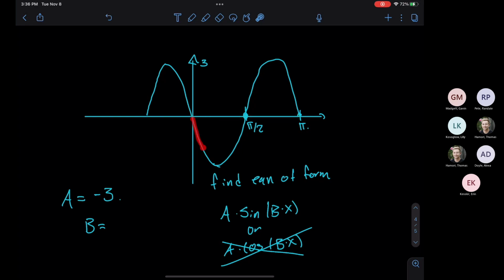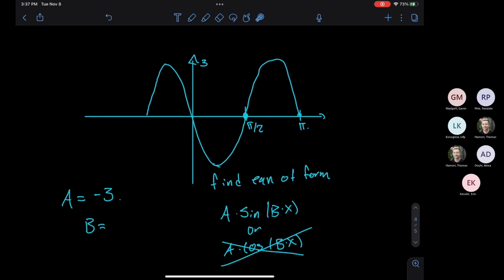You can see I would repeat this segment after pi units, right? Is that clear? So the period is pi. What's the usual period of sine? 2 pi. The usual period is 2 pi. The period of this graph is pi. So what should b be?